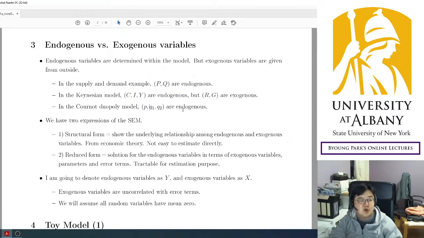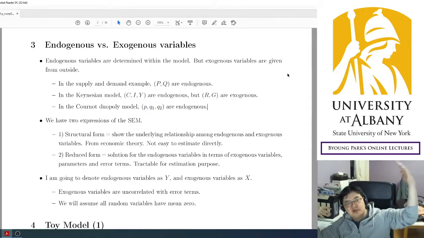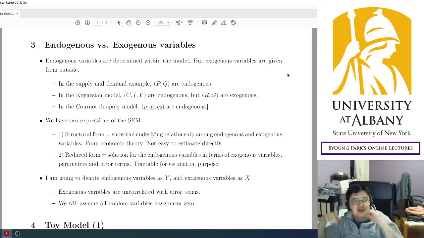Anyhow, like this, we are handling multiple endogenous variables using multiple equations. So it is an extension of the linear regression model to multiple equations.